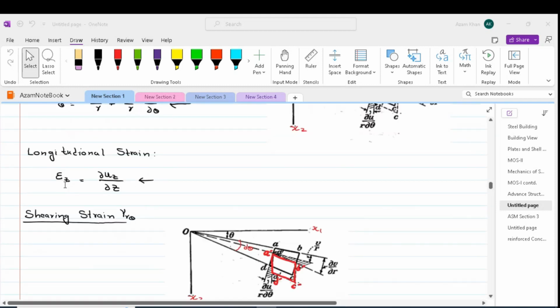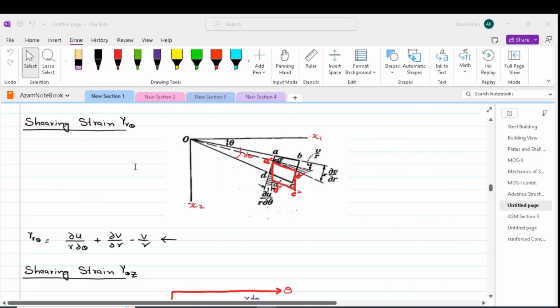The longitudinal strain was worked out as partial uz by partial z, uz being the displacement in the z direction. Similarly, the shear strain gamma r theta was worked out as partial u by r partial theta plus partial v by partial r minus v by r.